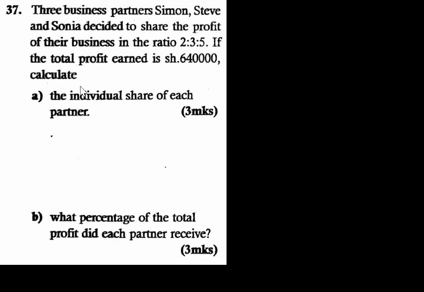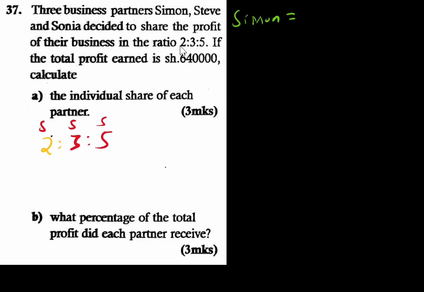So here we have the ratio: 2, 3, 5. This is for Simon, this is for Steve, this is for Sonia. So we're going to get the individual share. We're going to start with Simon.